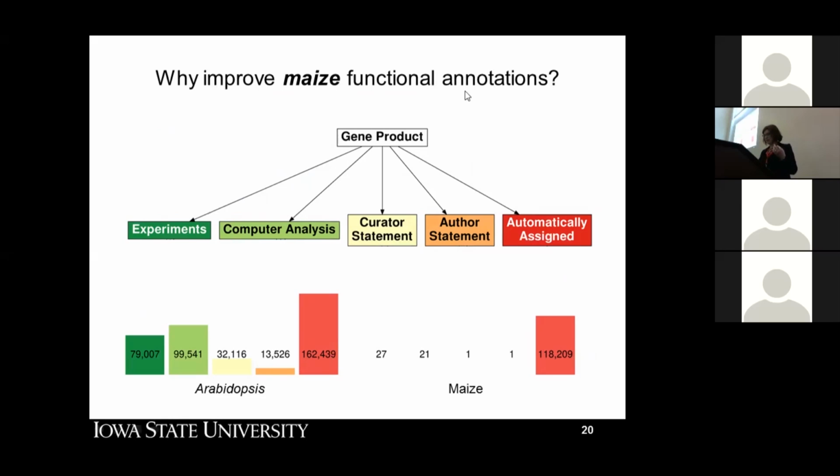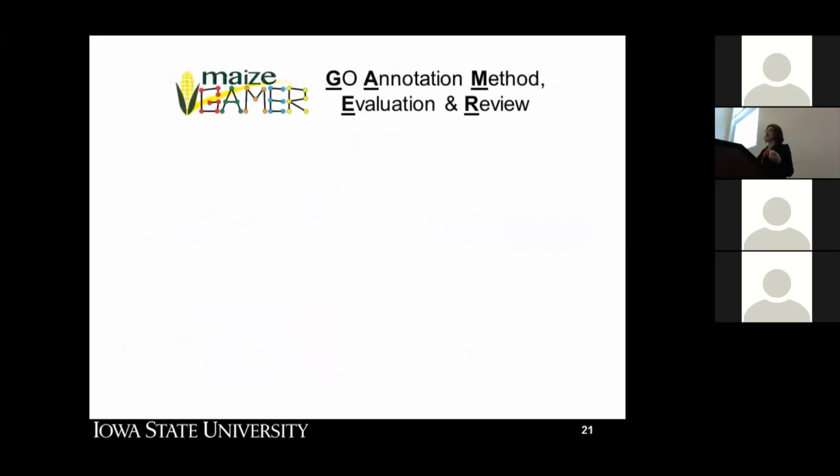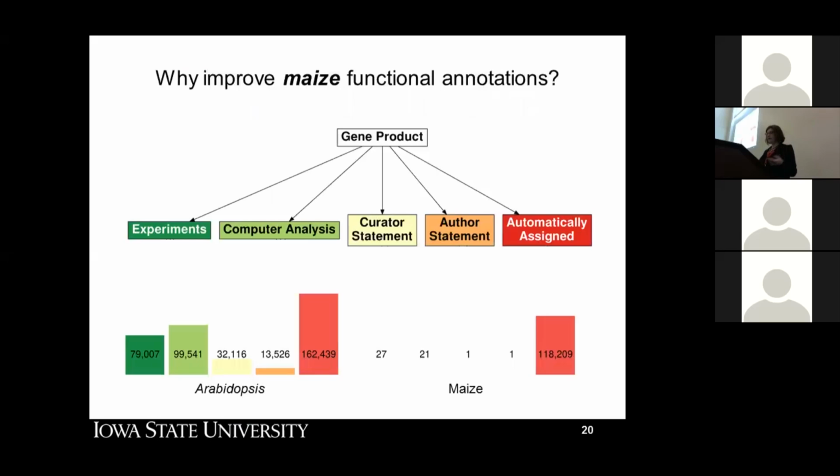Some of the information will tell you this assertion is made with experimental evidence. That's golden. You want that. Sometimes you get something that says automatically assigned. That means it got cranked through some pipeline and nobody looked at it, and it's not even clear what the original data set was that we inherited all these terms from. So that's like the worst case scenario, right?